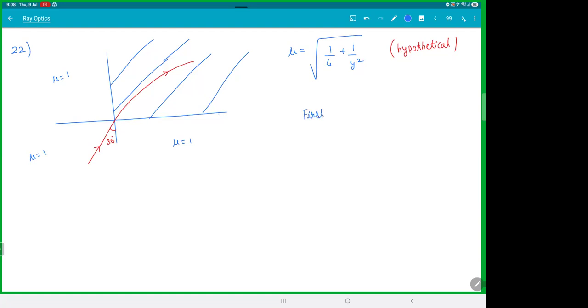Find the equation of the light ray in the first quadrant.